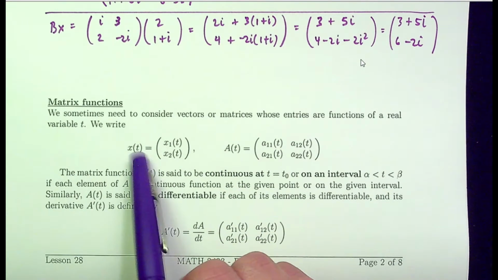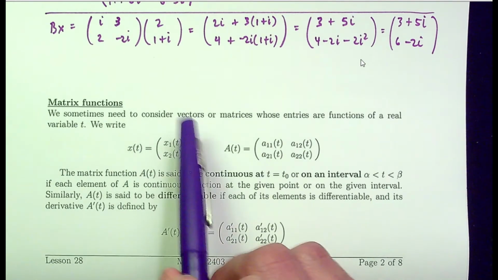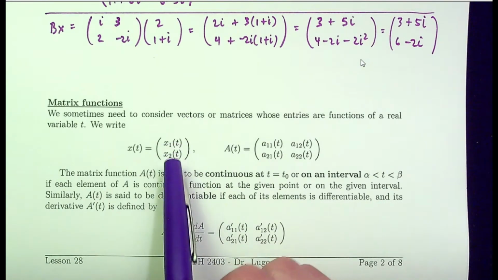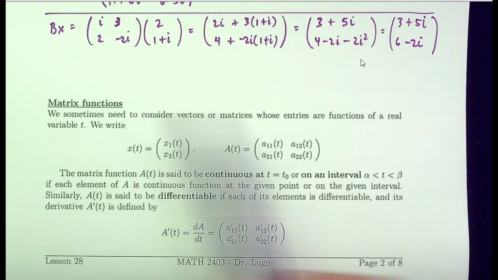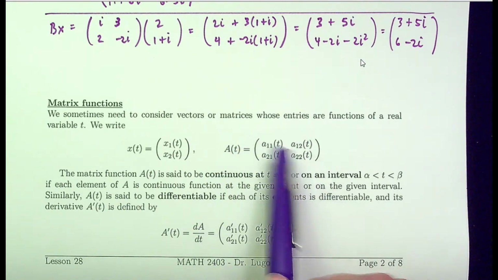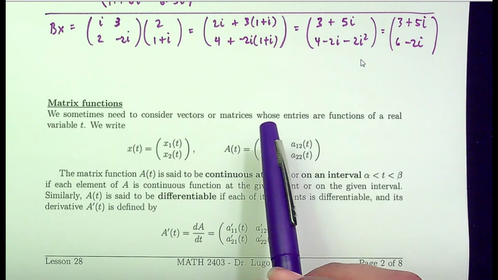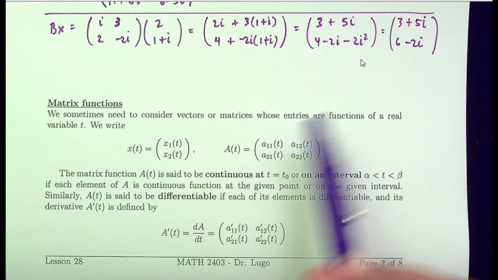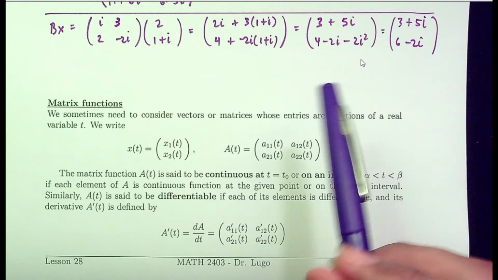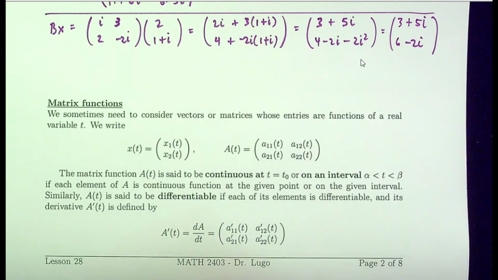If you plug in t in x, that means you plug in t in the first entry and you plug in t in the second entry. And similarly for a matrix. You could have a matrix where all the entries are functions, typically of the same variable.